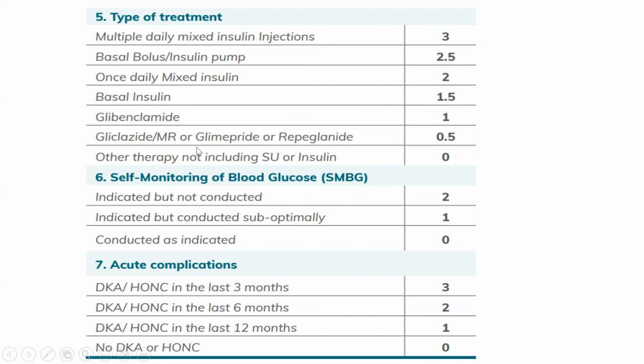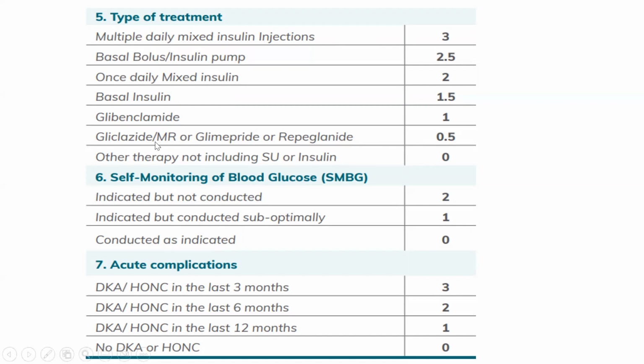On the other hand, gliclazide, glimepiride, or repaglinide, the risk element score is 0.5, which is a third of that of glibenclamide. So, of course, if we prefer an SU, we'll go for gliclazide MR, glimepiride, or repaglinide, and not glibenclamide during Ramadan.